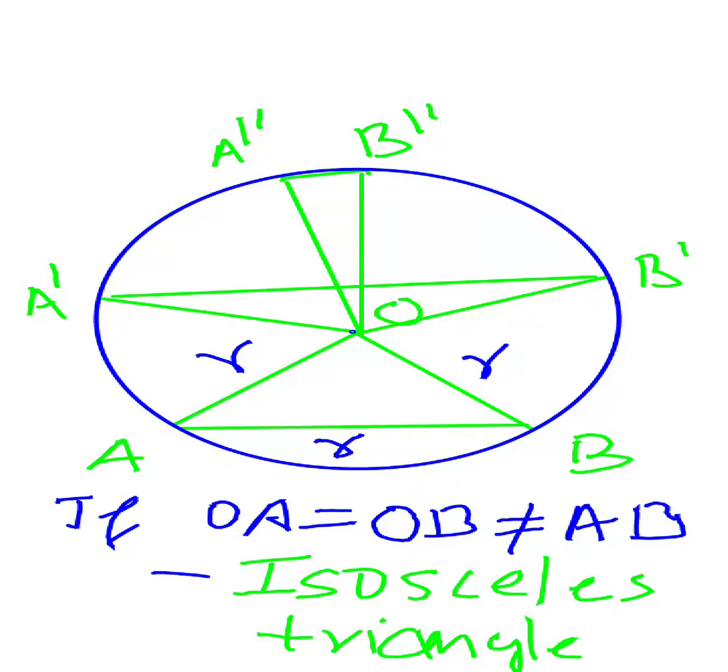So now if I see the length of AB, maybe I'll take the length of AB. So the condition for the length of AB.